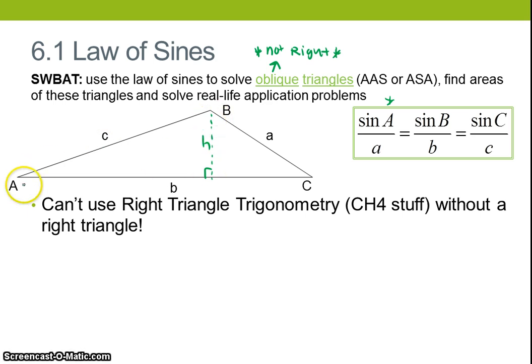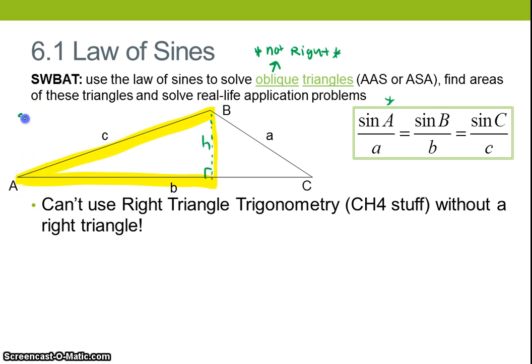Okay, so if I have the height here and I have an angle here, and I only look at the left hand triangle here, since that is a right triangle because I drew in the altitude, the perpendicular, I can use SOHCAHTOA on this.